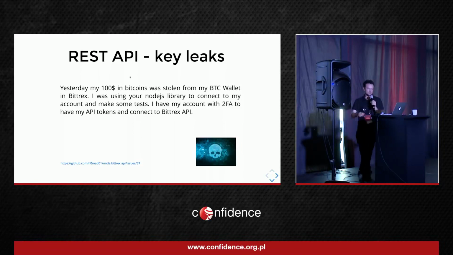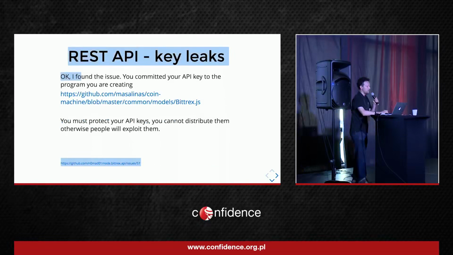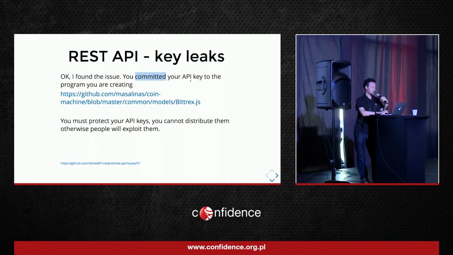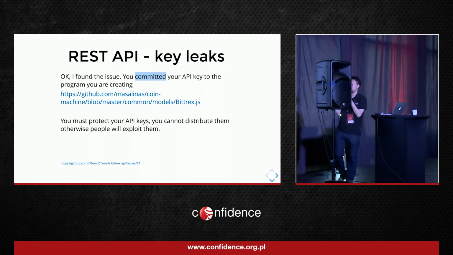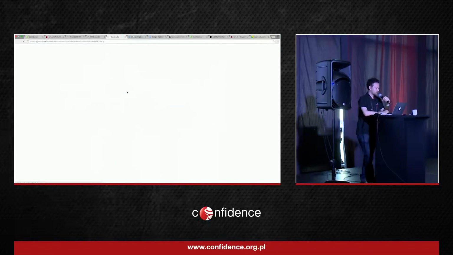He asks the other guys what's up with this problem, where are his $100? And someone says, okay, I found the issue. You committed your code with your API key to a public repository, and someone extracted this API key from the repository and used it to transfer the money to his account. And he said, okay, now I have this fixed.